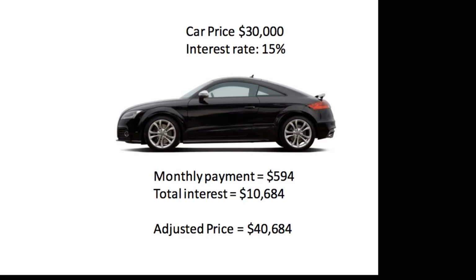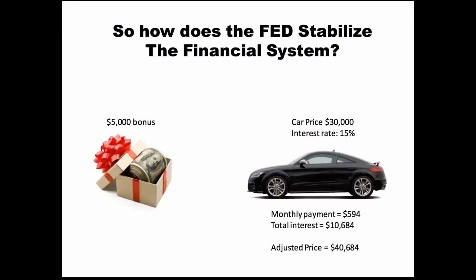Based off of that high interest rate, your monthly payment on that car for a 5-year loan would be $594 a month, and the total interest that you'd pay over that 5-year period would be $10,684. So the adjusted price on this car is not a $30,000 car, it's actually a $40,684 car. Because that price was higher than what you valued that car at, $35,000, you don't buy it because it's too expensive. That monthly payment's way too high.